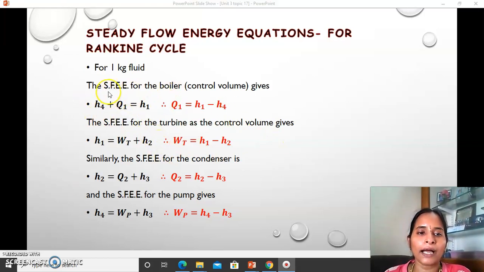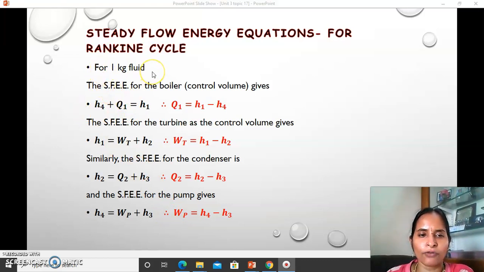Now we are coming to the easiest part, writing the SFEE. If you know the PV, TS and HS diagrams, writing the SFEE equation and reducing it to the required condition is so easy. Now let us learn one by one.